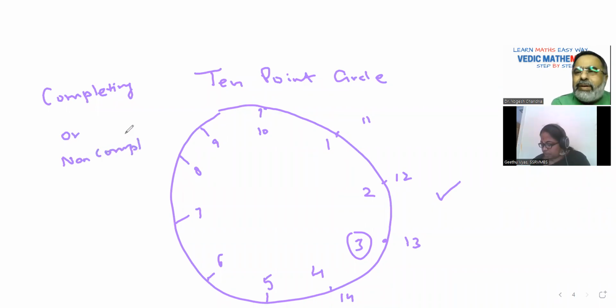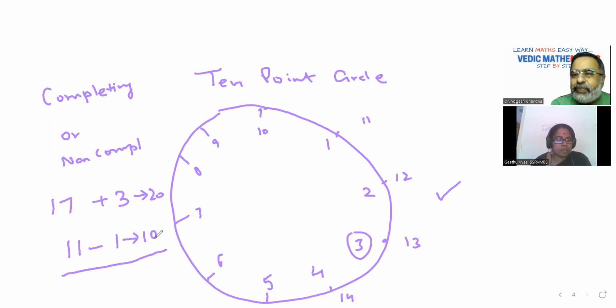Now, if I have 17, definitely it is nearer to 20. So I'll try to fetch 3 and make it a complete 20. But it is 11, so I'll subtract 1 to make it 10. That is incomplete, non-completion.